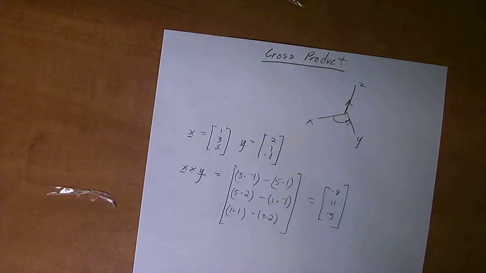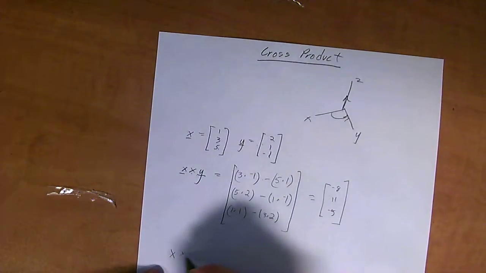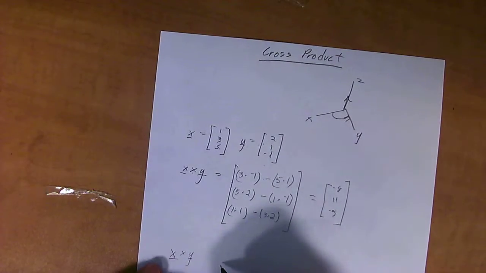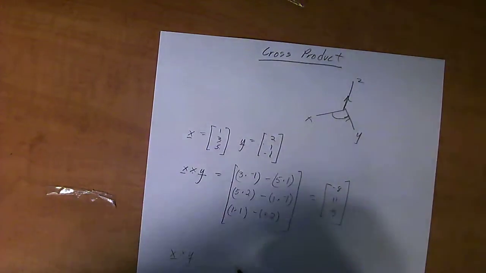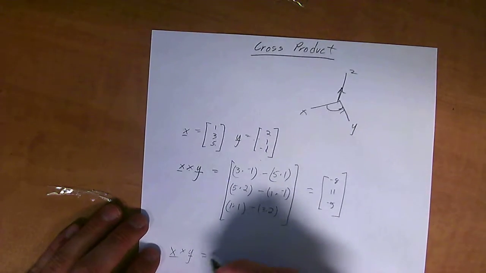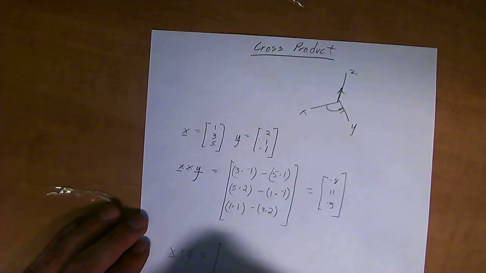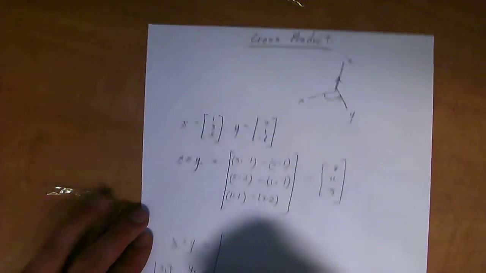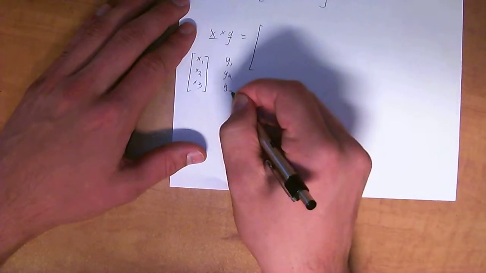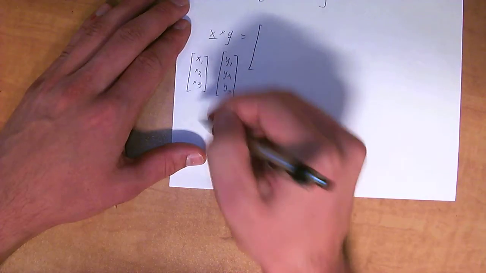It can kind of be a little bit confusing at the beginning, but once you get used to it, it's not that bad. If you want to look at it another way, x cross y is technically equal to, if these are vectors, x1, x2, x3, and y1, y2, y3.